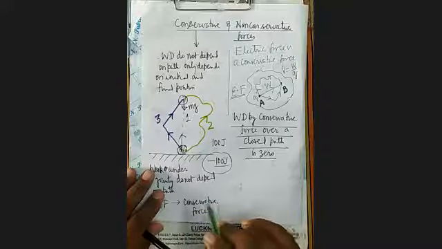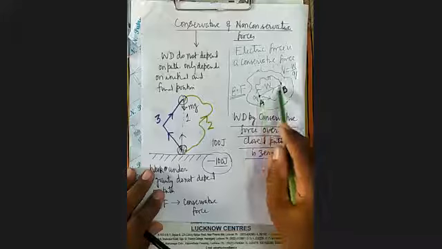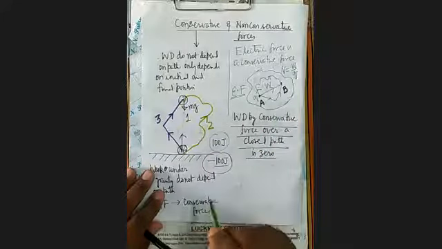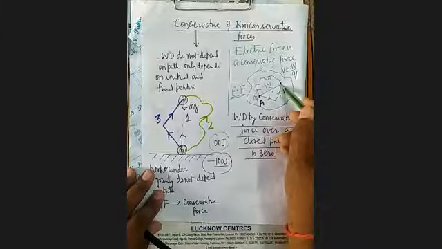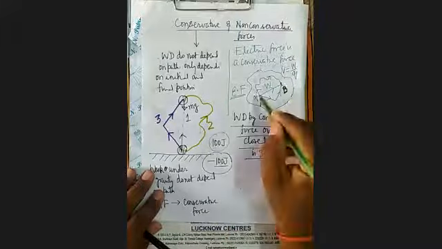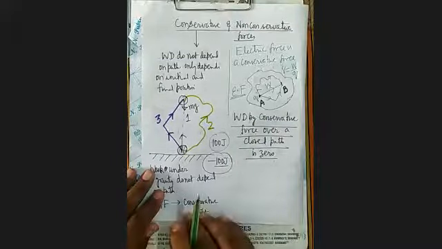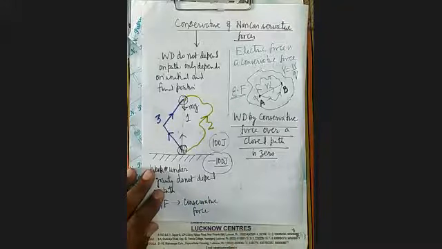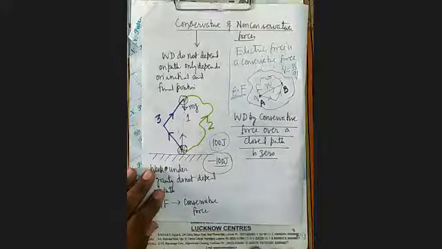Now, one more thing. Suppose you are carrying the charge Q from A to B and 100 joule work is done. Then what will be the work done in carrying the same charge from B to A? Sir, minus 100 joule. It will be minus 100 joule. Why? Because the electric force is a conservative force.